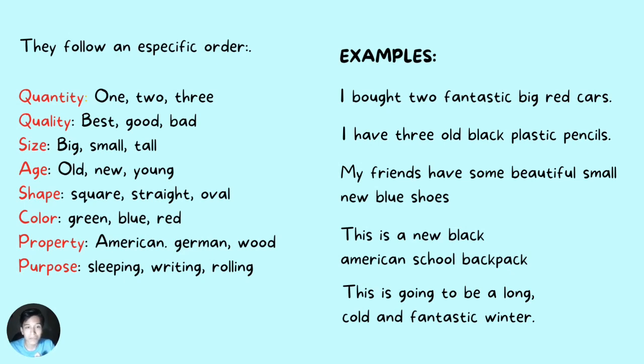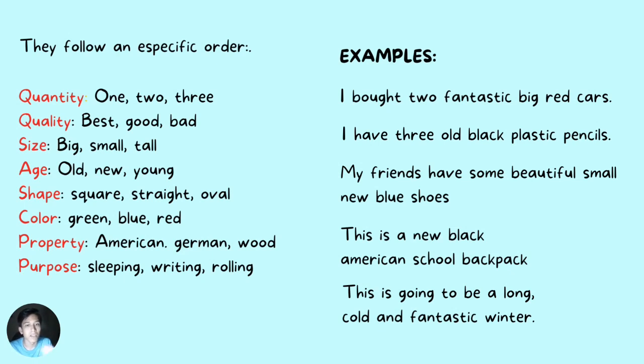I don't know if you noticed, but the last sentence is different from the other ones because it is using a comma and it is using and. This happens when we use adjectives which describe, for example, quantity or quality.